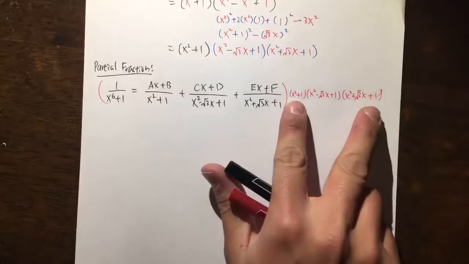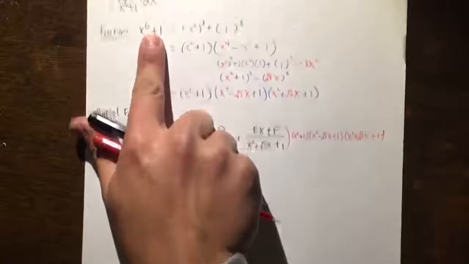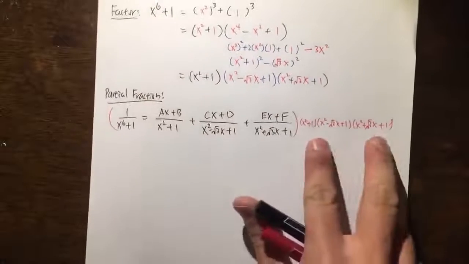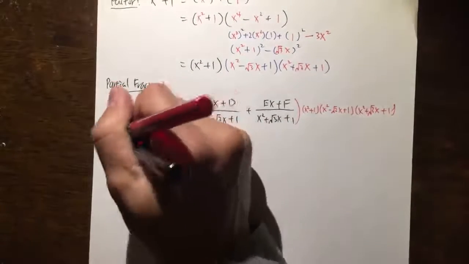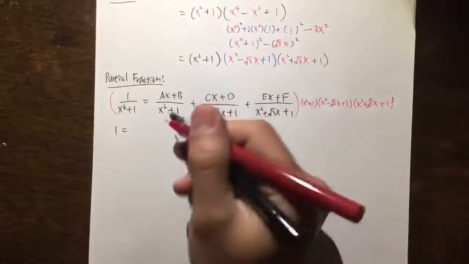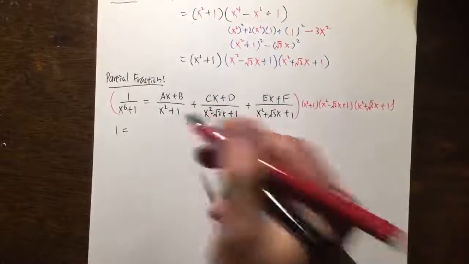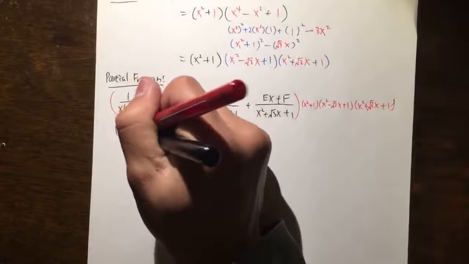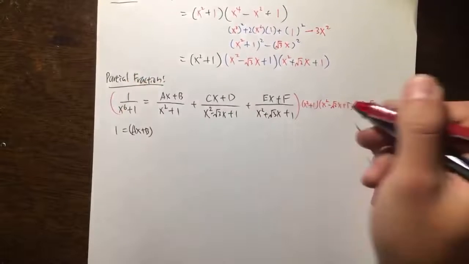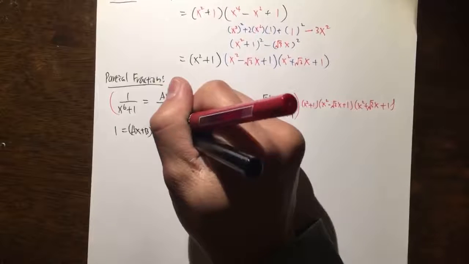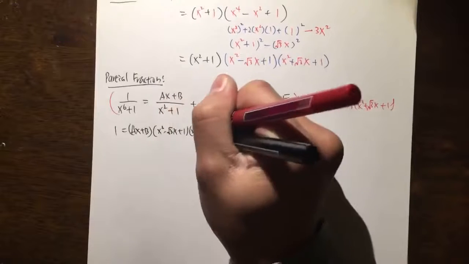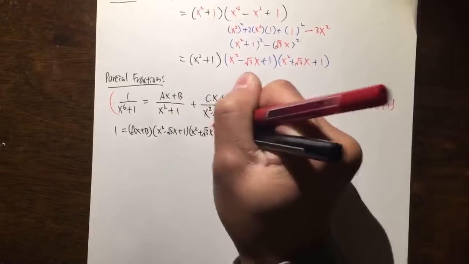Okay. Anyway, I'll continue. This right here is pretty much just x to the 6th power plus 1. So when you multiply this with that, on the left hand side, you just have 1. And now here is the bizarre part. This times this, the x squared plus 1 cancels. We will just have ax plus b times x squared minus square root of 3x plus 1 times x squared plus square root of 3x plus 1.